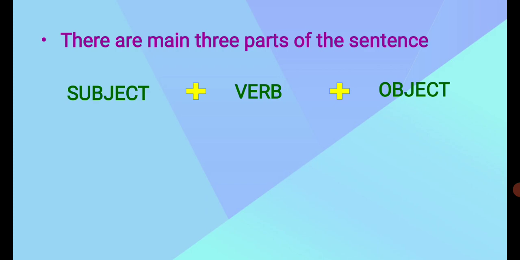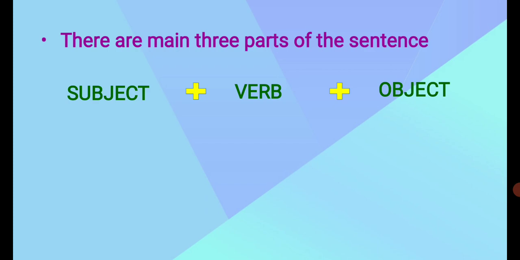I will just give a simple explanation to revise it. What is the subject? Subject means the doer part of the sentence, the action part of the sentence. Whatever the active part is, it is called the subject. And what is the verb?